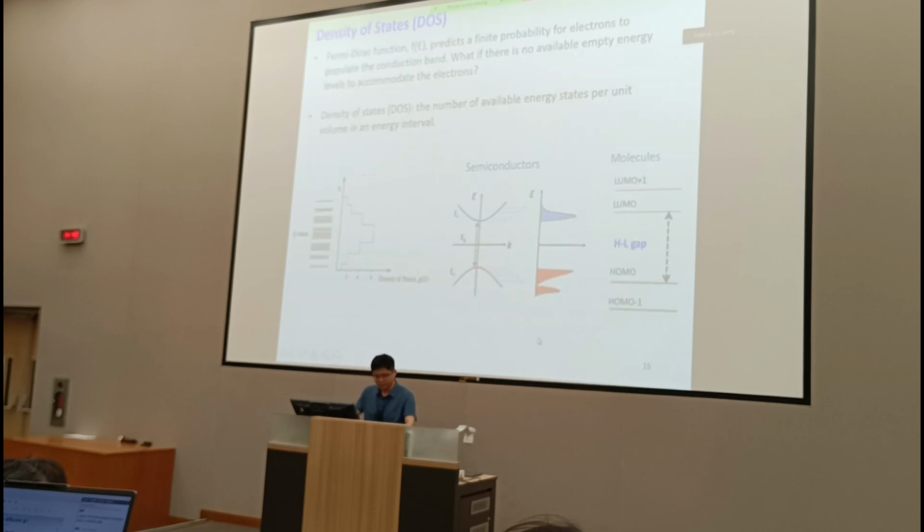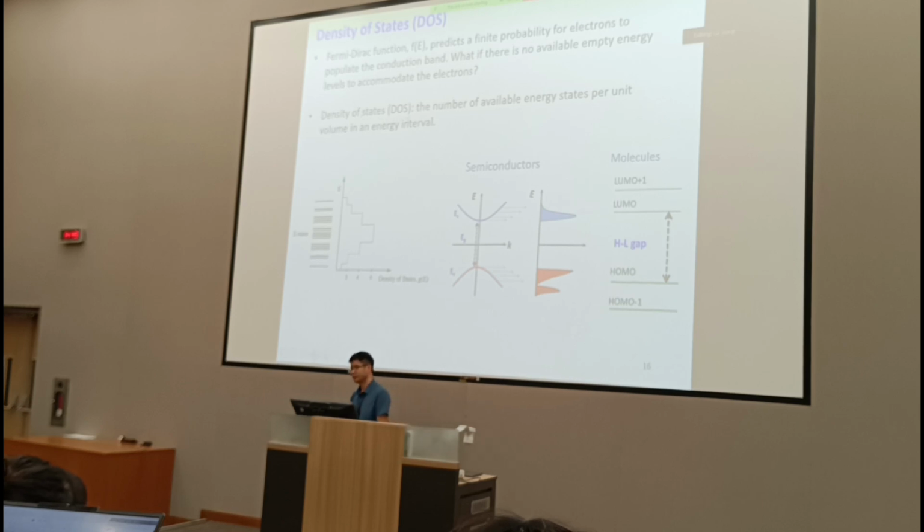Besides the work function, there is also the density of states. For solid-state materials, this also matters, and very often it relates to the electronic properties of the materials. So what is density of states?